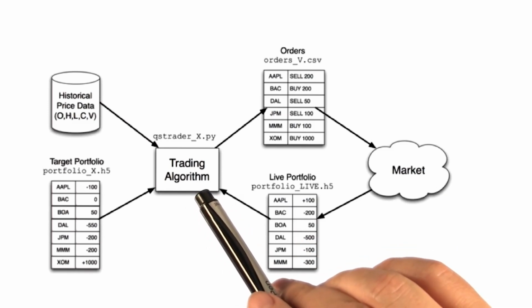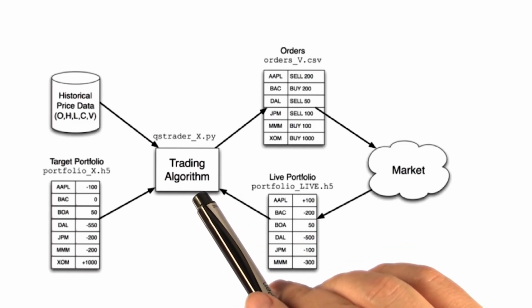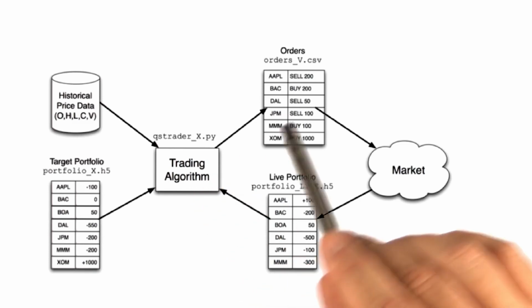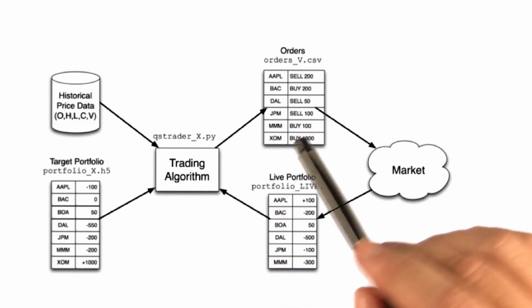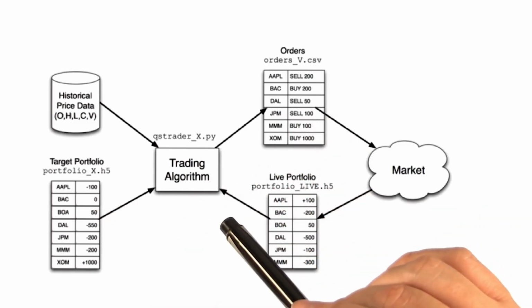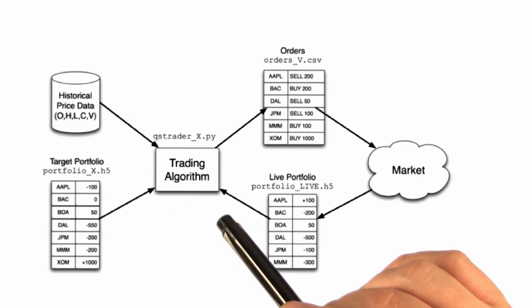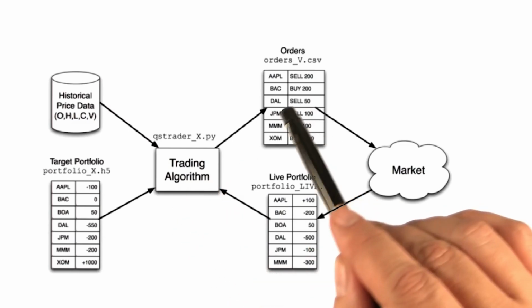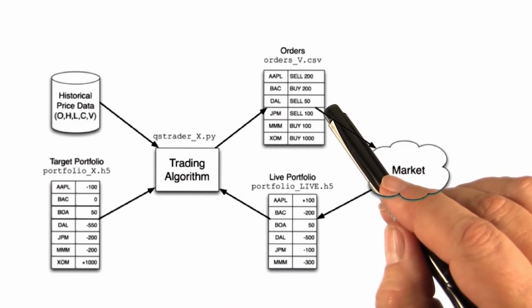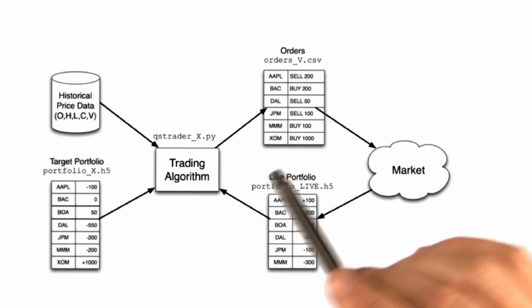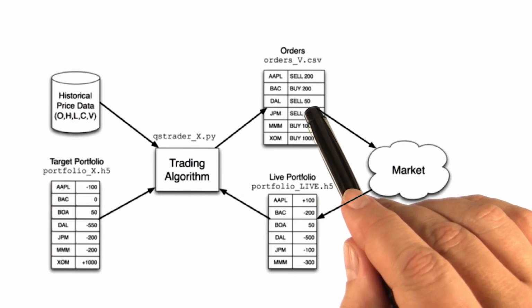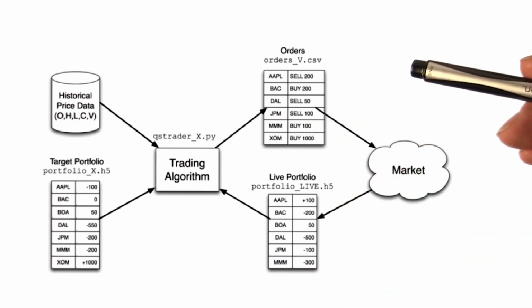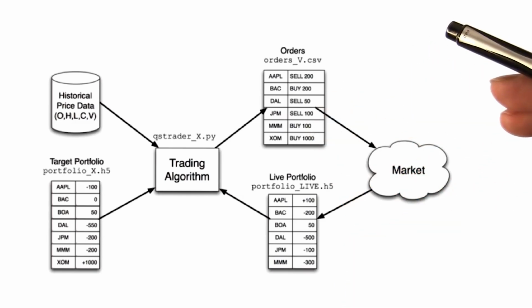Now, one reason this kind of trading algorithm is important is you don't want to execute everything at once. In other words, suppose we wanted to take a very, very large position in Apple. If we were just to send an order, hey, buy me 10 million shares of Apple, that would affect us detrimentally in the sense that the price for Apple would probably rise and we would not get a good execution.